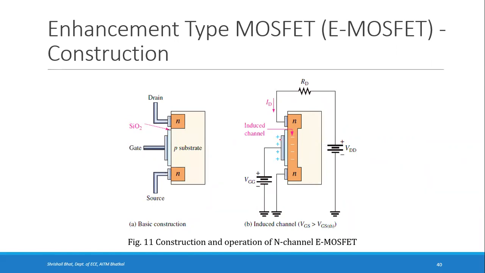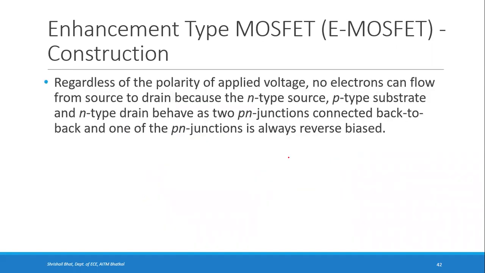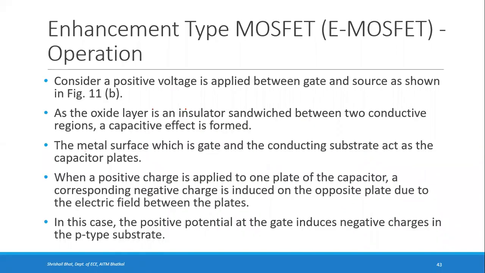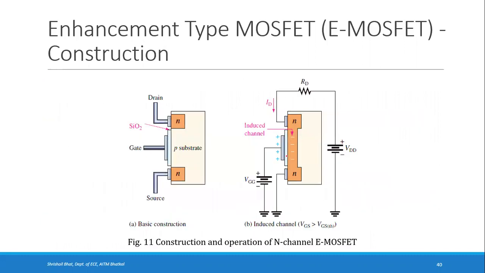Here there is a metal, inside there is a semiconductor region, and in between there is an insulator. As the oxide layer is an insulator sandwiched between two conductive regions, a capacitive effect is formed. This is similar to the structure of a capacitor.